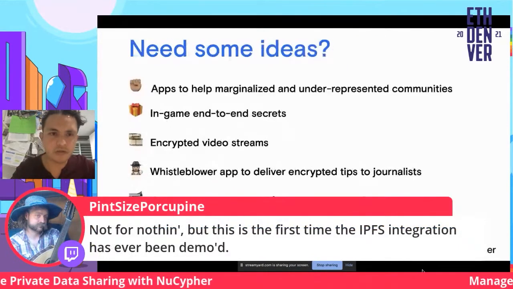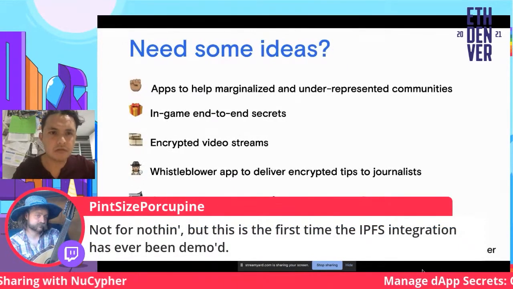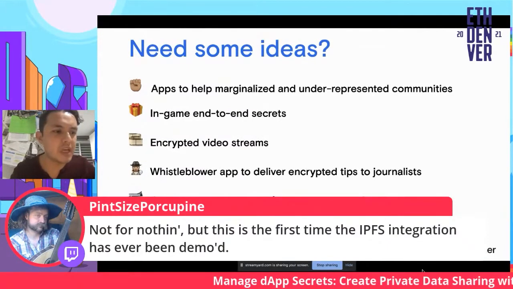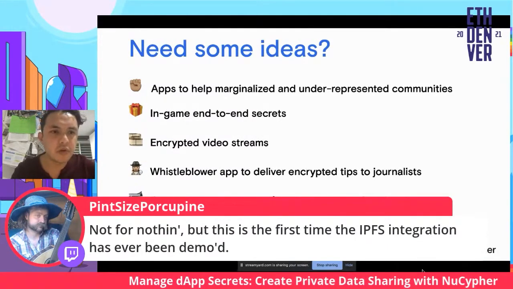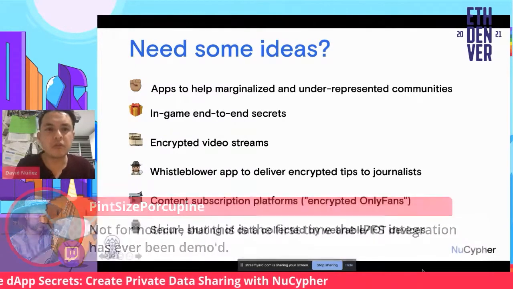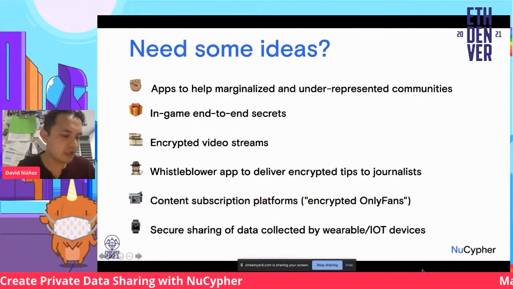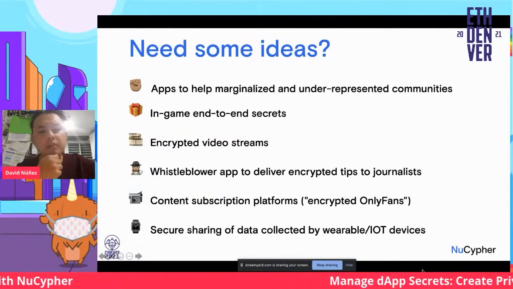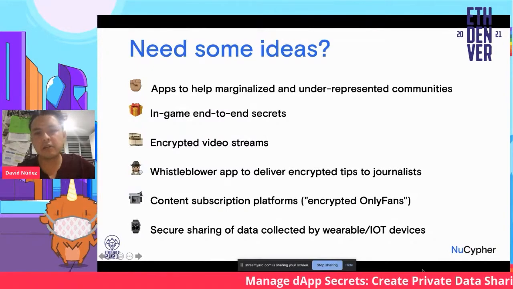You have there all the information needed. And so there are many interesting ideas that would be great to have. For example, it would be great to have apps that provide help to marginalized and underrepresented communities.